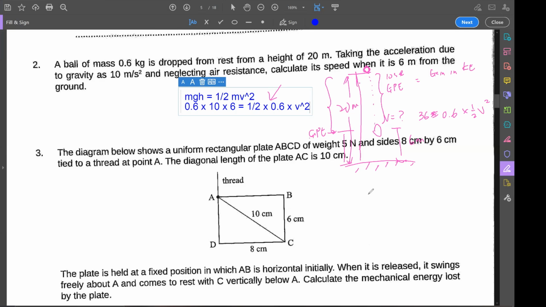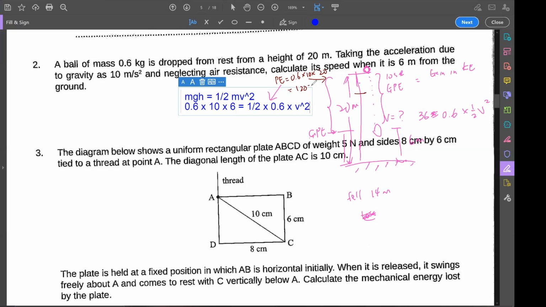So it fell by 14 meters. The PE at the top is mgh, 0.6 times 10 times 20, which is 120 joules.